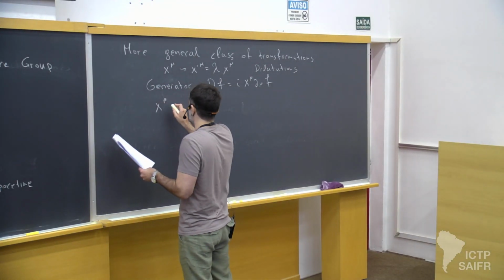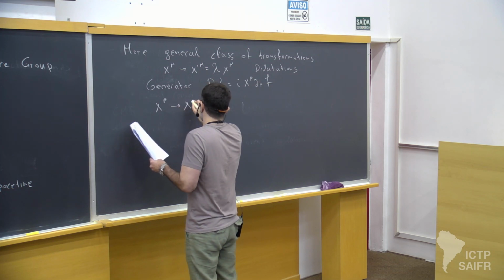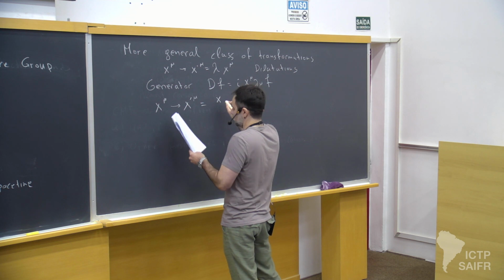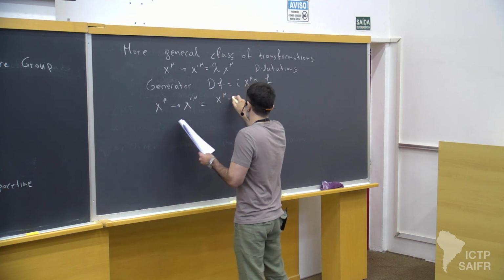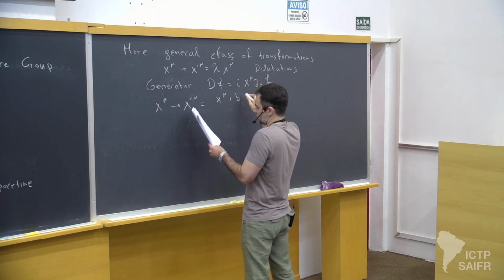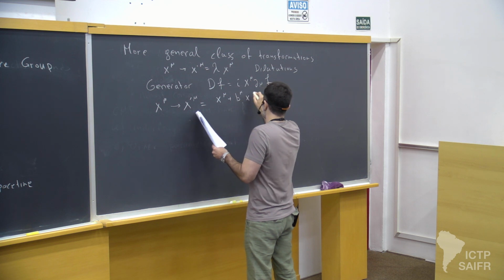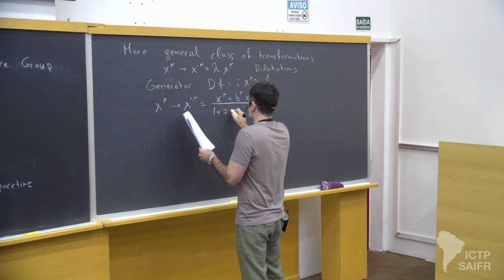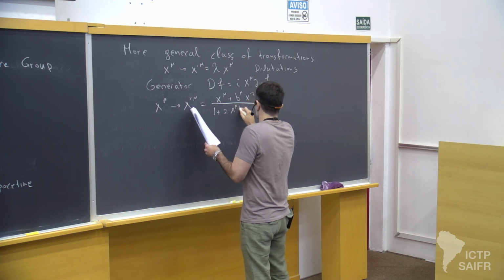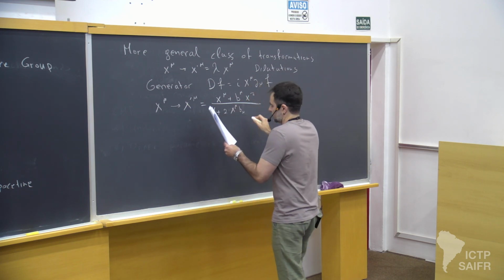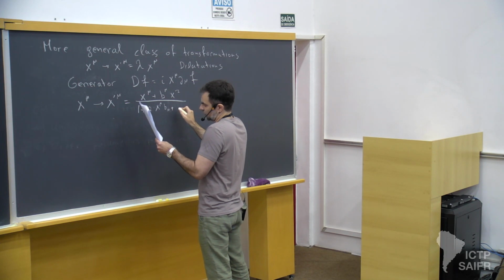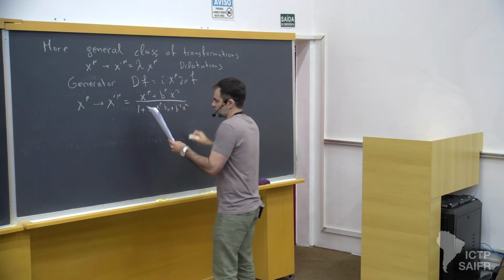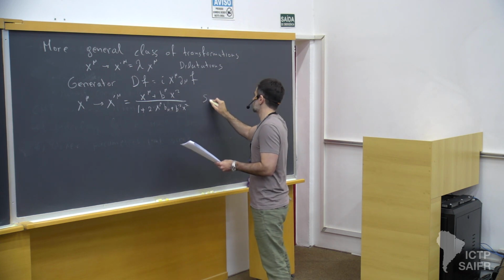Basically, you take x^μ and change it to x'^μ. You have x^μ plus some vector parameter b^μ x², divided by 1 plus 2 x·b, plus, I think, b² x². These are the special conformal transformations.